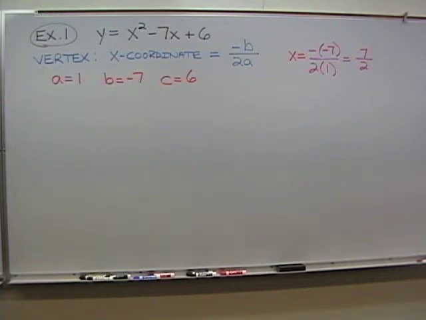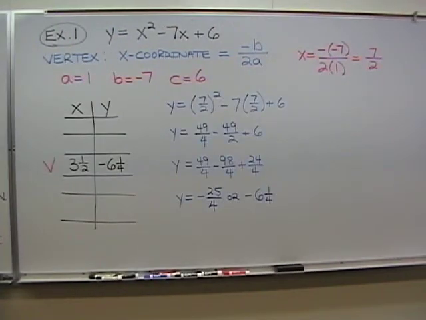So now we can substitute and figure out what the x-coordinate of the vertex is. It's negative 7 over 2 times 1. Of course, double negative turns into a positive, and we get 7 halves, or 3 1/2, for the x-coordinate of our vertex. Now it's time to build our xy table so we can find the ordered pairs that will allow us to graph our parabola.